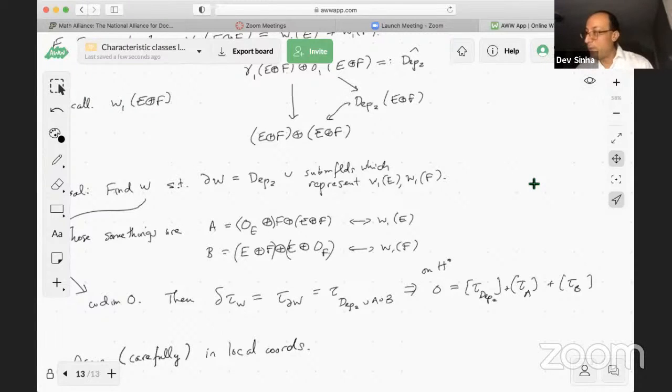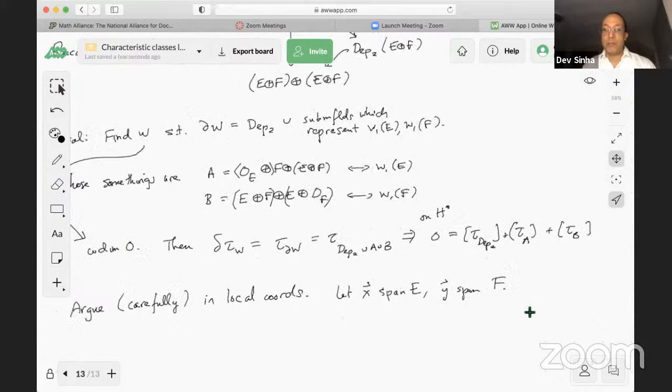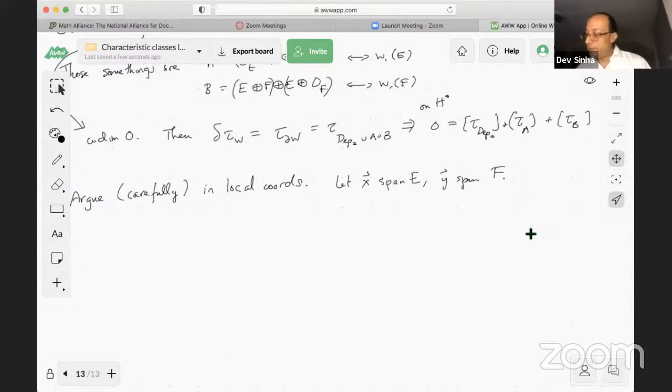So in some coordinate patch, let's call x the spanning vector for E, and y the basis vector for F. And then I can just name a point in this direct sum in coordinates.